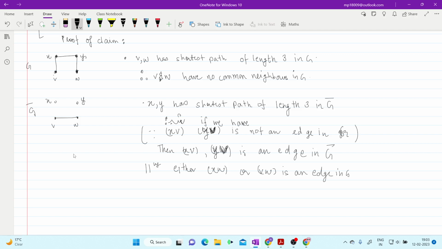So this is the only possibility in G. XW will be an edge in G bar, and VY cannot be an edge in G, so VY will be an edge in G bar. So these four vertices can have only this possible relation between G and G bar.